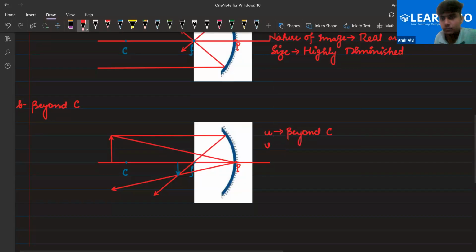Between C and F. Very good. So between C and F. And as you can see, the image formed is real and inverted in nature.